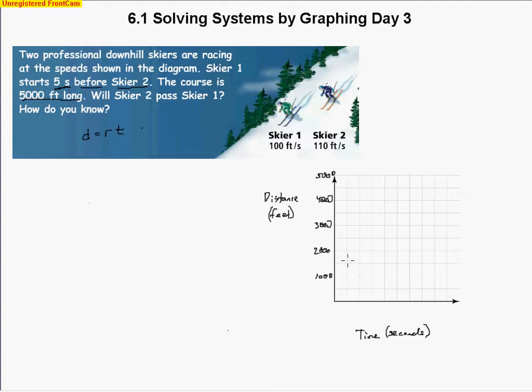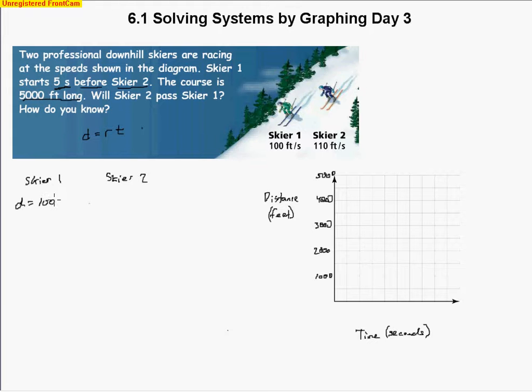And then along the x-axis, not sure what kind of times we're going to need until we figure out how long it's going to take them. So let's start by writing our equations here. We've got two different skiers, skier 1 and skier number 2. On this first one, we've got distance equals the rate.